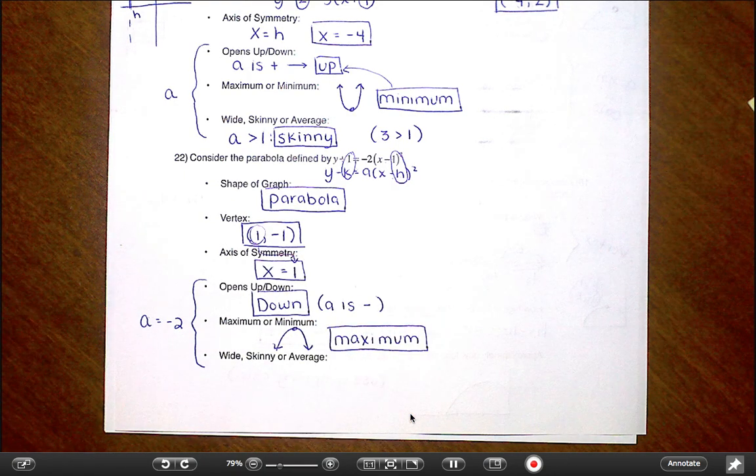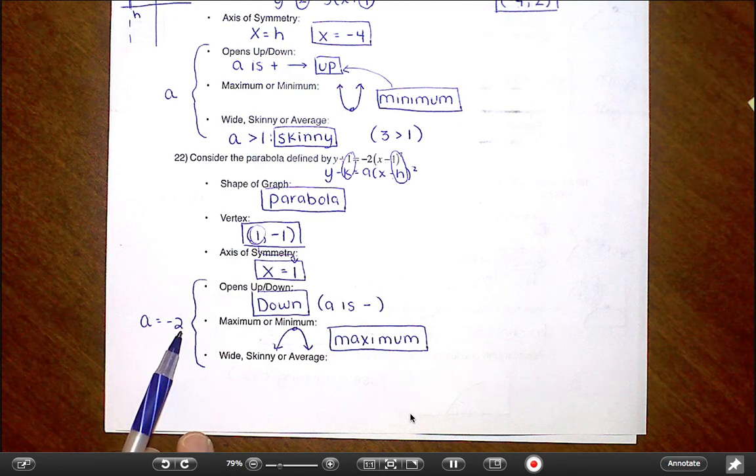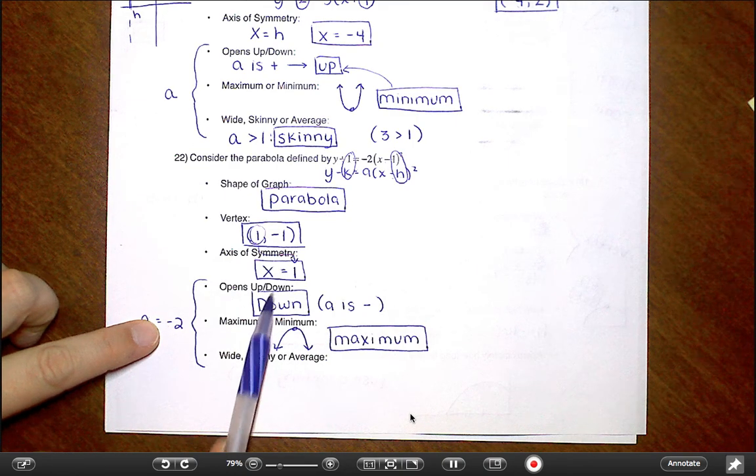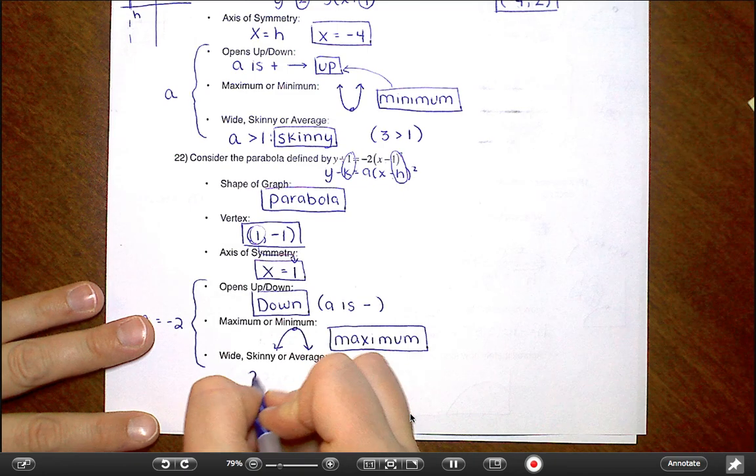And wide, skinnier, average. Now this is where it gets a little confusing because some people would look at this and say, oh, well, negative 2 is smaller than 1, so it must be wider than average because smaller than 1 is wider. However, the negative sign just controls this up or down thing. So don't think of it as a negative 2, think of it as just a 2.